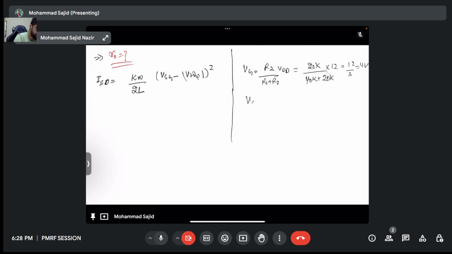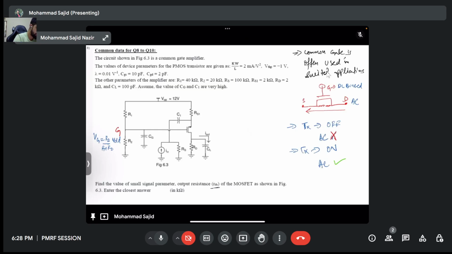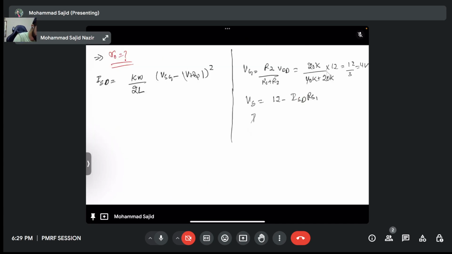And Vs is 12 minus ISD RS1. How? Here, this is ISD, so this is my Vs, simple Ohm's law. So I can write ISD as (12 minus Vs) by RS1.